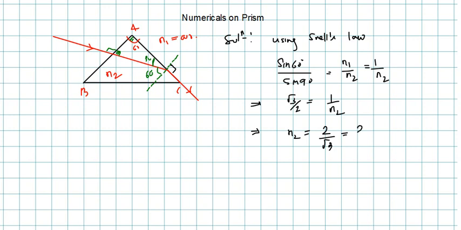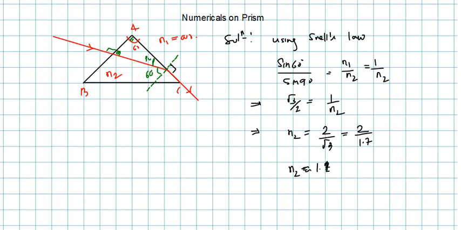That gives me 2 divided by 1.7, which will come around 1.2 approximately, just check it please.